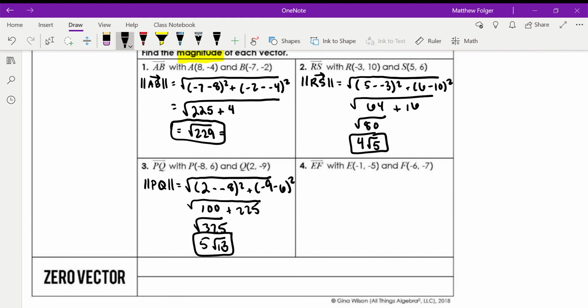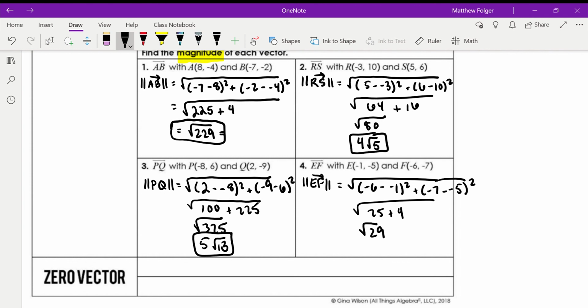Do the same thing with number 4. So EF. x2 minus x1 is negative 6 minus negative 1. y2 minus y1 is negative 7 minus negative 5, which is 25 plus 4, which is square root of 29, which does not break down anymore.